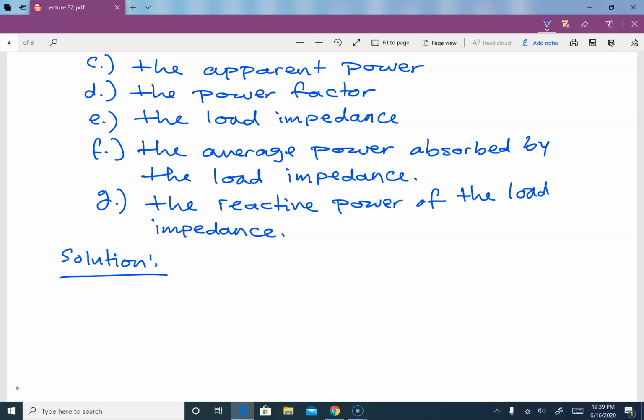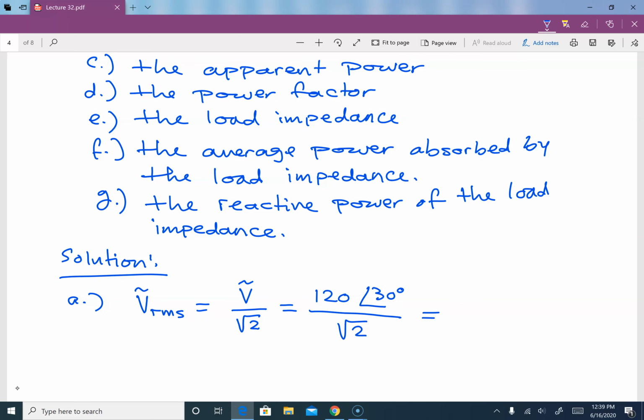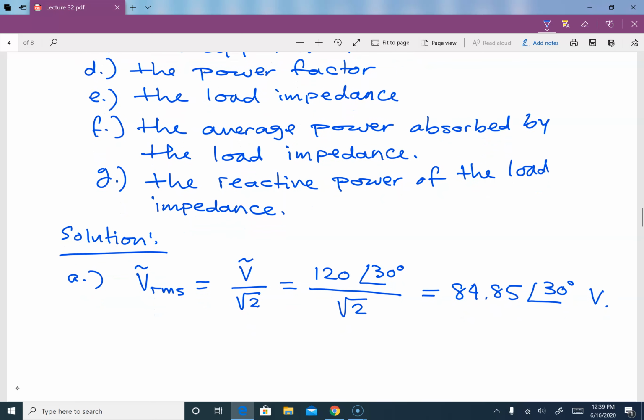So the first one here, our RMS value of the voltage, that is VRMS, is equal to the phasor V divided by radical of 2, and that is equal to 120 with angle 30 degrees divided by square root of 2, which is equal to 84.85 with angle 30 degrees, in volts.